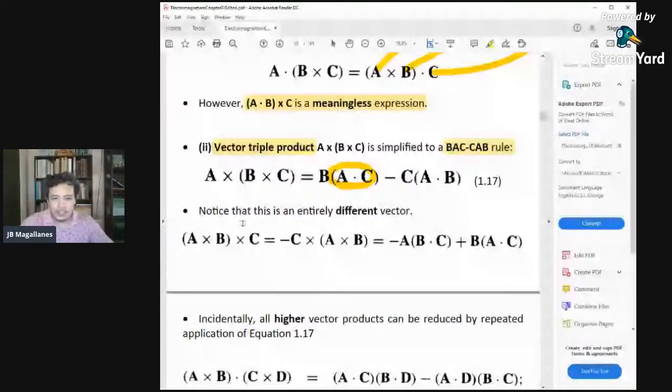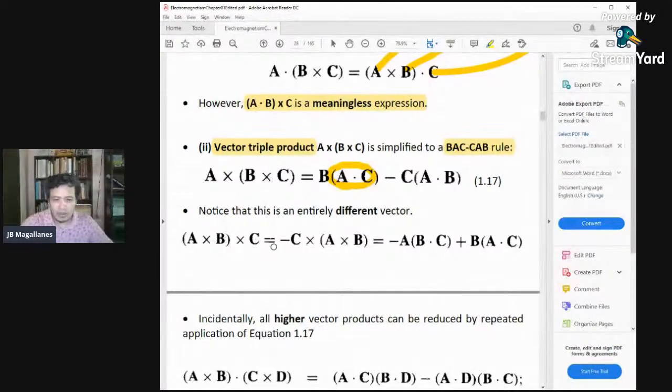So here you have an entirely different vector. Why? Because the vector triple product is not associative. So this one here is A cross B. This is different from here. These are not equal.